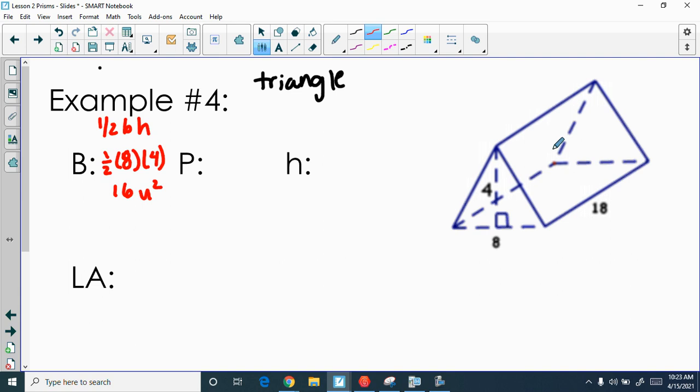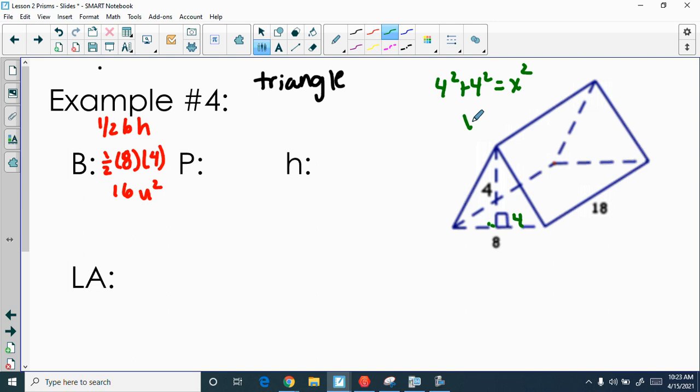Now for the perimeter, we've got to find this third side of the triangle. And in order to do that, we're going to use the Pythagorean Theorem. So we know that this is cutting down, and I'm telling you that it's isosceles. So this is 4 here. So we're going to say 4 squared plus 4 squared equals x squared to get the side. You're going to type it right into decimals. I'm not going to solve this one by hand.